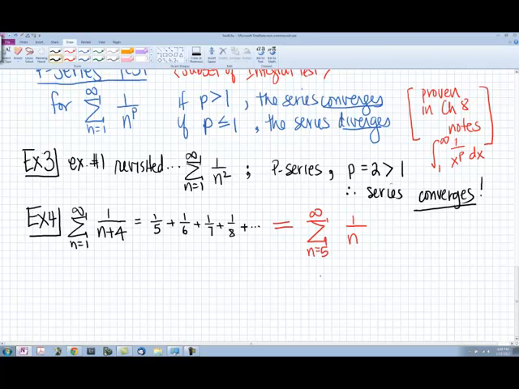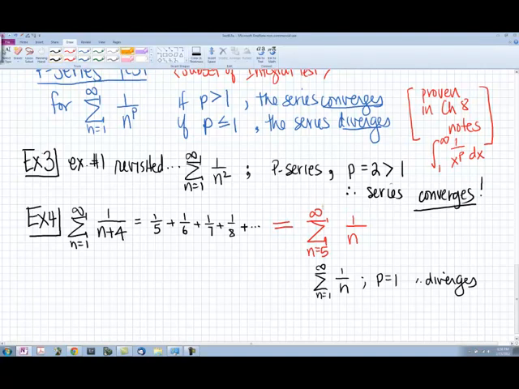If you have a series and it's 1 over n, and it starts at 1, this is p equals 1, therefore it diverges. Now if you have a series that's going to diverge, and I take away the first 4 terms, do you think it's still going to diverge? Yes, because it's getting larger and larger, going to infinity. You can take out even the first 100 terms. It's still going to diverge, no matter what.